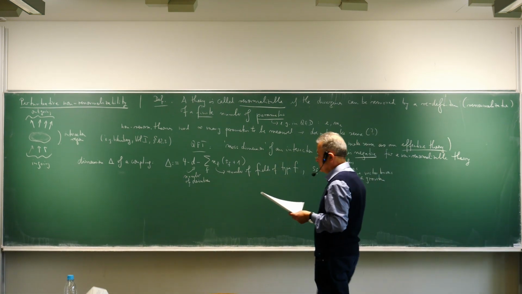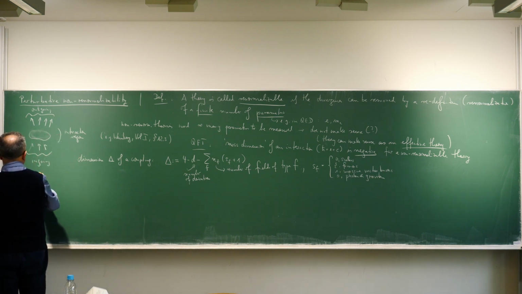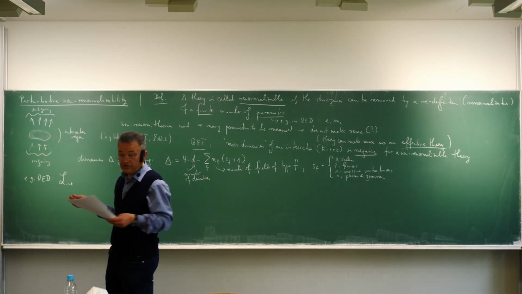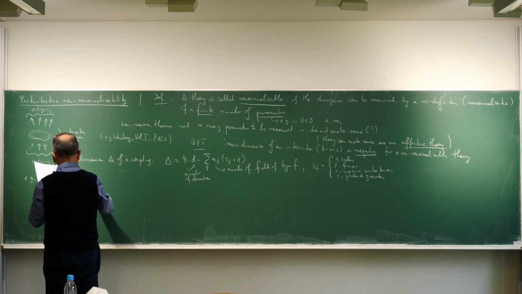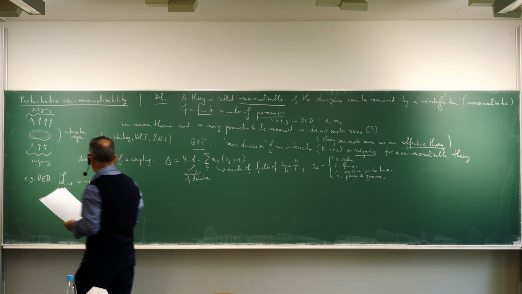And so, for example, if you look again at our favorite example, quantum electrodynamics, then the interaction that you use in your QFT class is minus i, then the electric charge, psi bar, so you have the fermions, A mu, the Dirac matrix, psi.